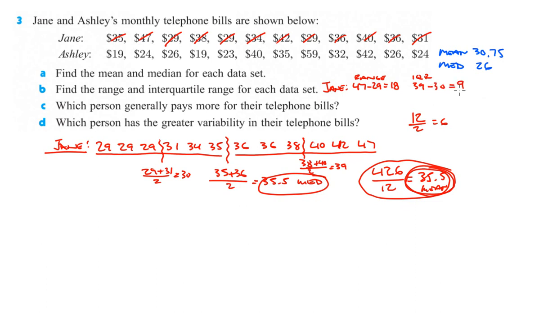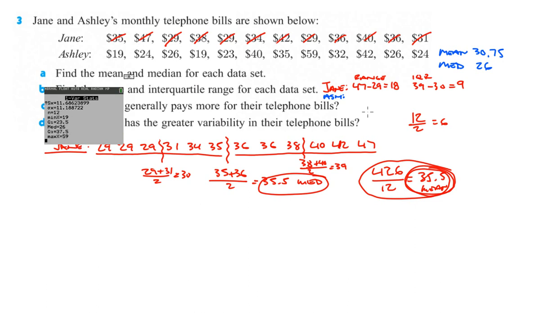Okay, so that's Jane's. Now for Ashley, who we've got on the calculator, it will give us the quartiles. So 23.5 to 37.5. So this is Ashley. Our regular old range is, let's see, we can find that out too by taking the minimum.